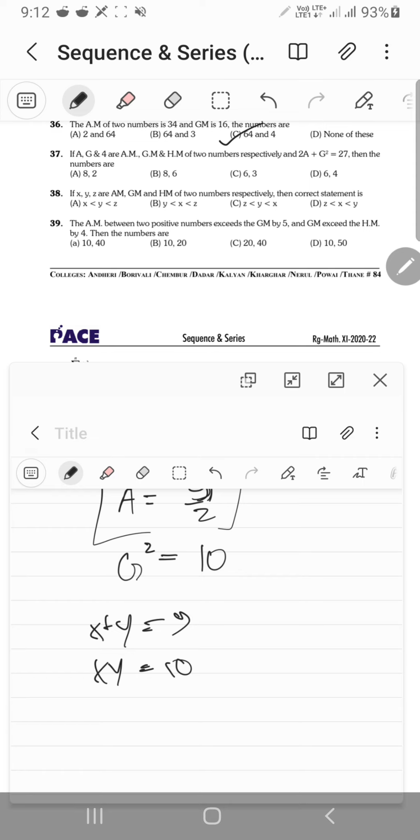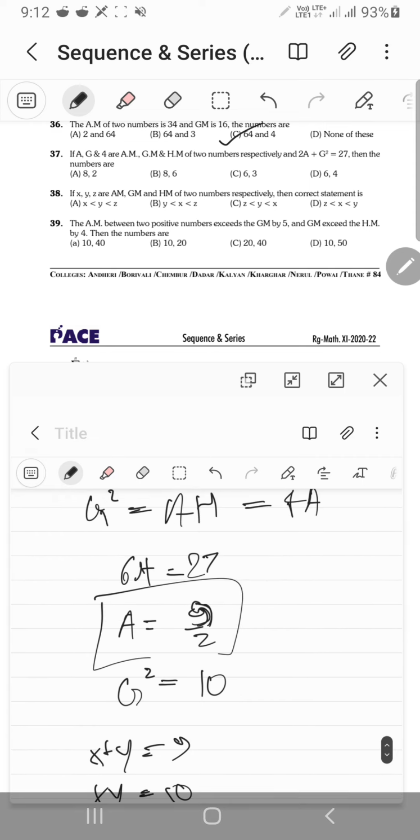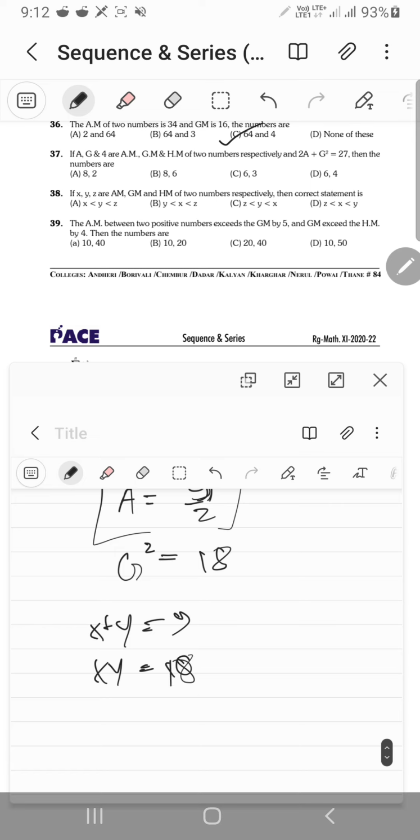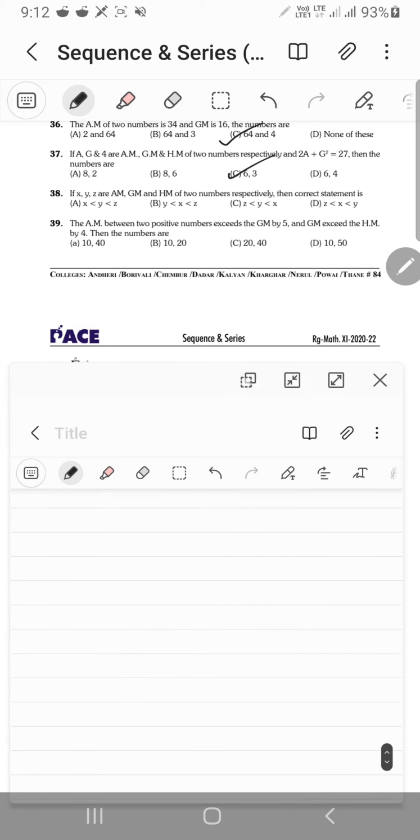What two numbers show this property though? 6 and 3, not really. x, y, G squared is, oh, this changes when it's 9 by 2. So 9 by 2 times 2, that will be 18. So xy is 18 instead. 6 and 3, of course. Okay, fine. So I'll just stop now. I'll see you in the next video.